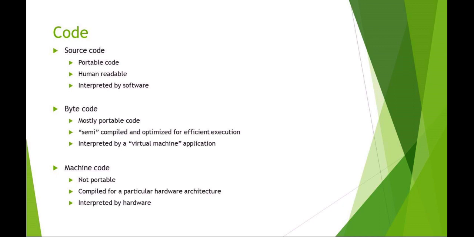So think Java. When you write Java, it's compiled into bytecode, and you run it on a Java virtual machine, really is what's happening. Machine code is after it's completely compiled. Of course, that's not portable. Once it's compiled for a system, you can't move it around. It's compiled for just one particular architecture, and you interpret it with the hardware itself. So it's also very efficient in that sense.